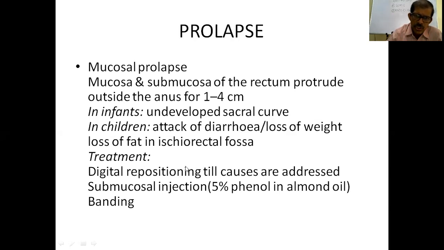So reposition the prolapse, but in case it is not going to subside that easily, then you can inject submucosal phenol in almond oil, but this rarely we do. So only repositioning, or sometimes there is what is called banding. So there are Barron's bands.